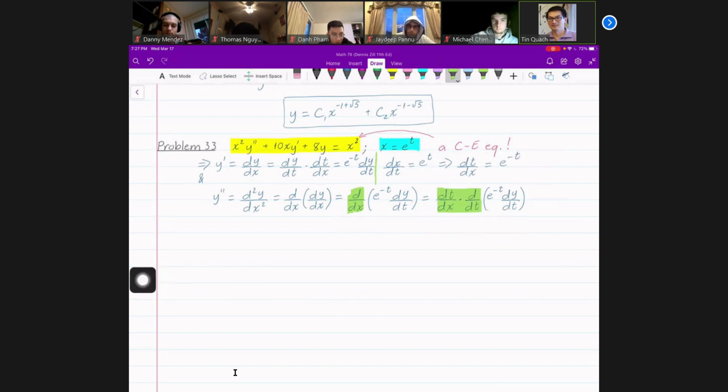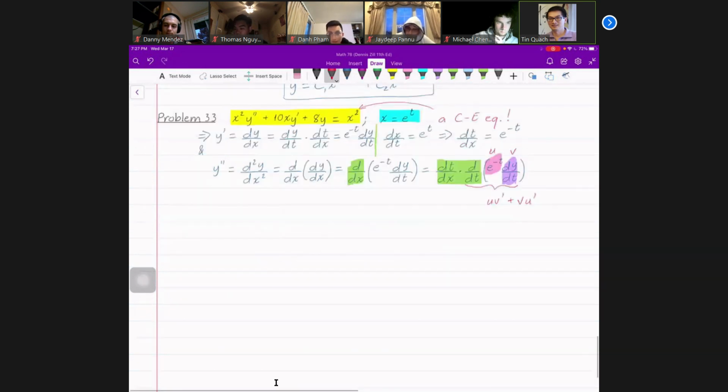Okay, so right here, this is the derivative of u times v. So this is u and this is v. Okay, so that derivative is u v prime plus v u prime. Okay, so let's put everything in here.